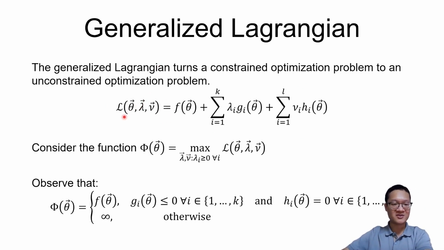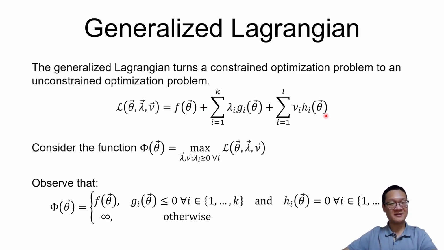So here, the generalized Lagrangian is equal to f of theta, so this is the objective, plus the sum over i from 1 to k of lambda i gi of theta, plus the sum from i equals 1 to L of nu i hi of theta. So this letter that looks like a V is actually the Greek letter nu.